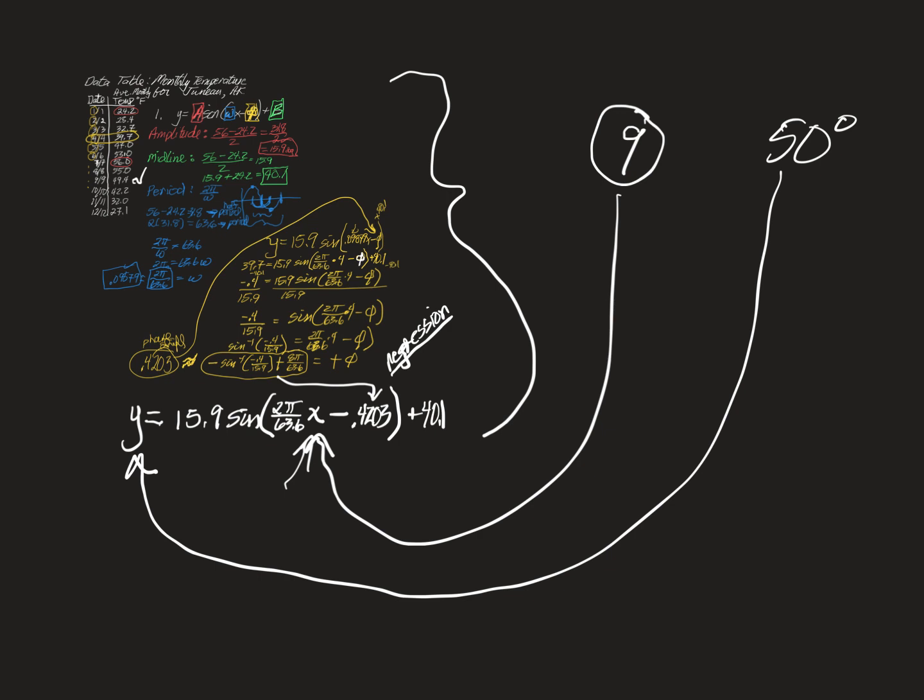And in what month will it be 50 degrees? Hopefully that will also come out fairly close to the 8th or 9th month. Maybe you'll get like 8.5, which would be 2 weeks into the 8th month or something like that. So anyway, that would be how you would do this problem.